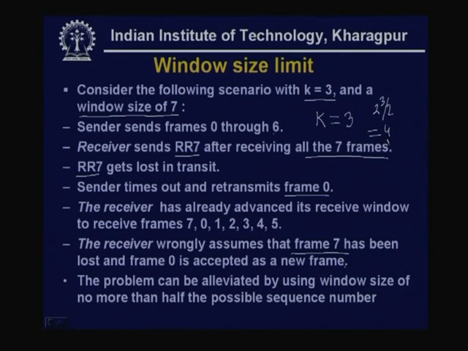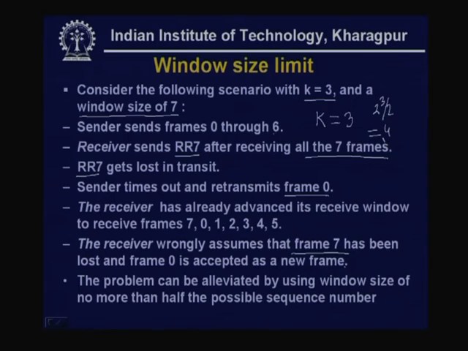And moreover, for both receiver and transmitter, we require more number of bits here, because it has to be 2 to the power k by 2. Suppose we are having a window size of 7. For window size 7, in case of go back N ARQ, the number of bits required is 3.